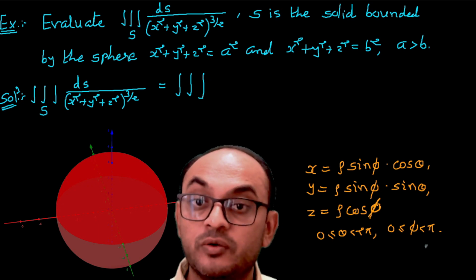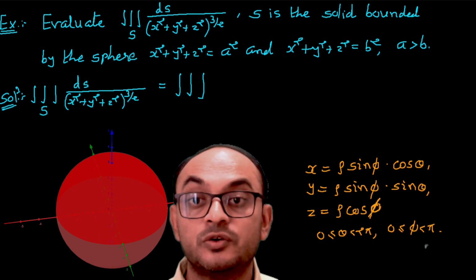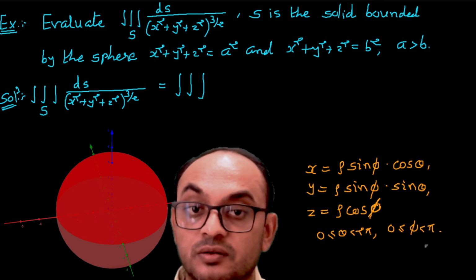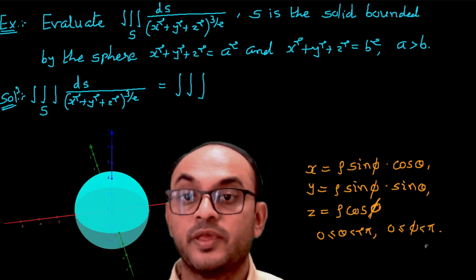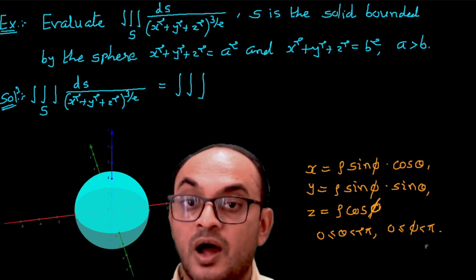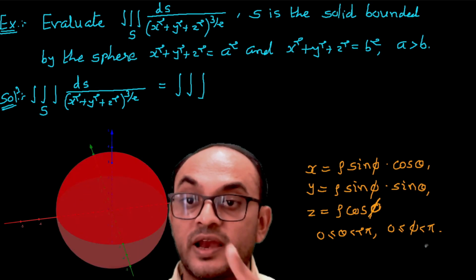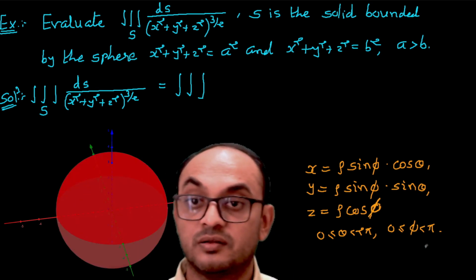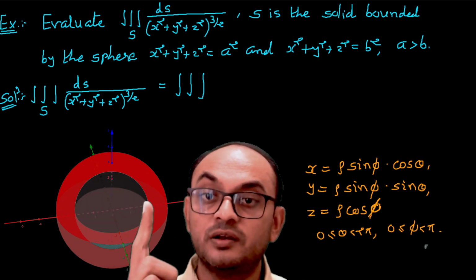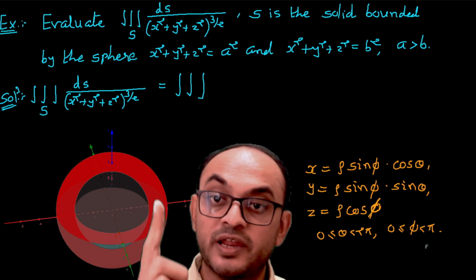Now here, what have we been given? Here we have been given two spheres. For the inner sphere, my radius is b, and for the outer sphere my radius is a. Clear? So what do I have to do? From inner to outer, only this portion I need to consider.